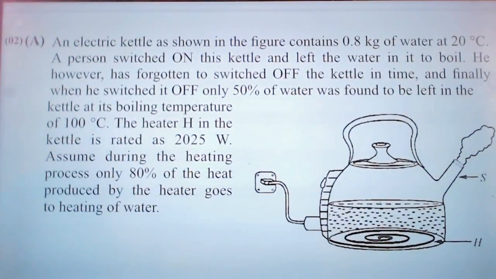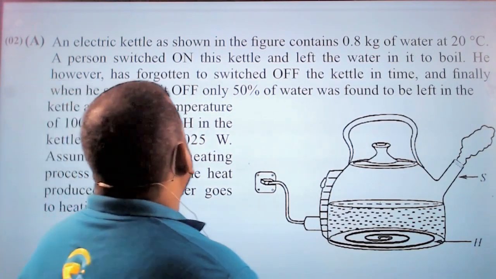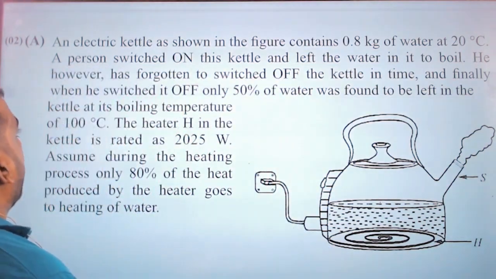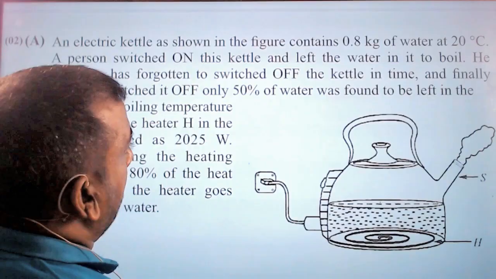Essay number 2. So electricity essay was done based on ammeter voltmeter. An electric kettle as shown in the figure contains 0.8 kilograms of water. A person switches on this kettle and lets the water boil. However, he has forgotten to switch off the kettle in time.